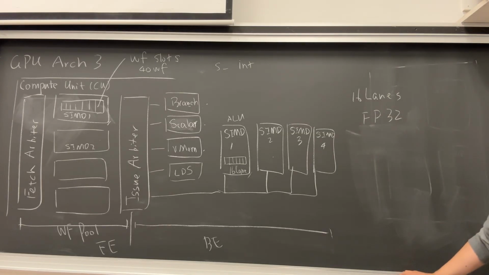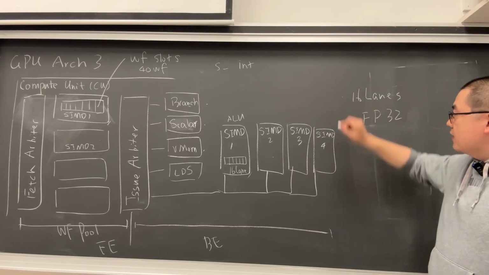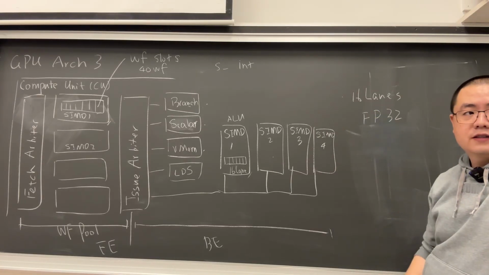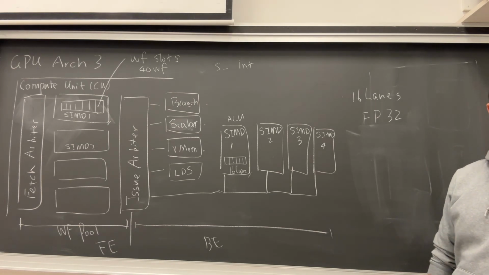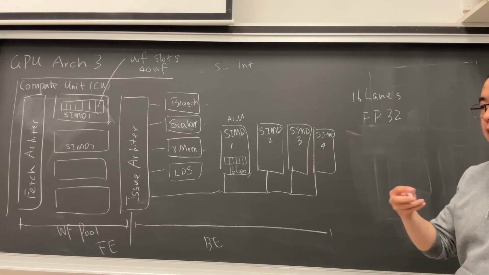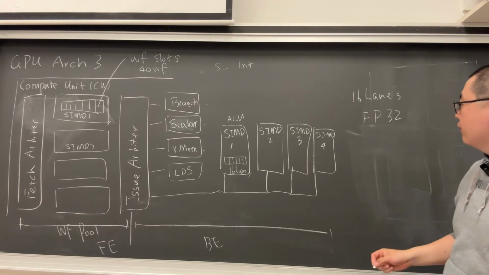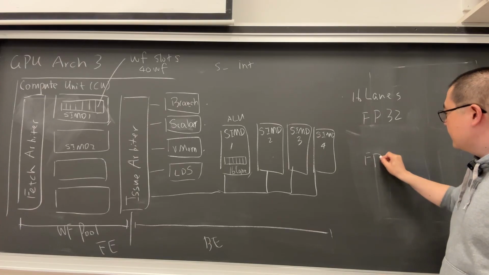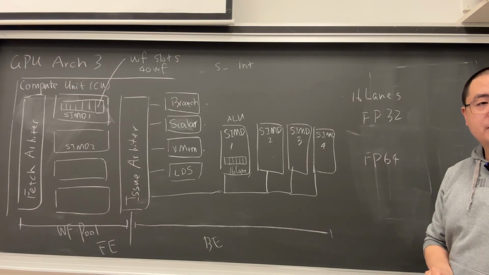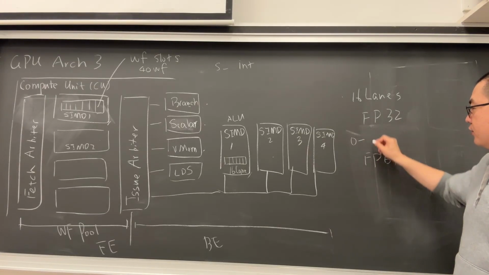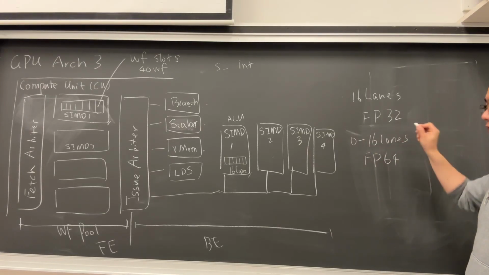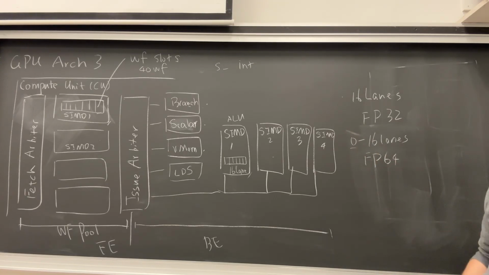Okay, single precision. This is by standard, right? For other precisions, it's a parameter that can change from GPU to GPU. For example, FP64, double precision. What's the power of FP64? It can be from 0 to 16 lanes. So what is 0? For some gaming-only low-end GPUs, they will have 0 lanes, no lanes at all.